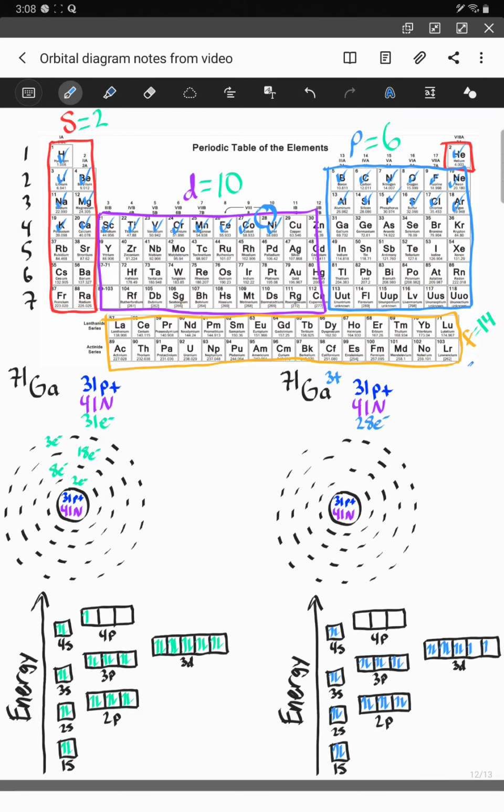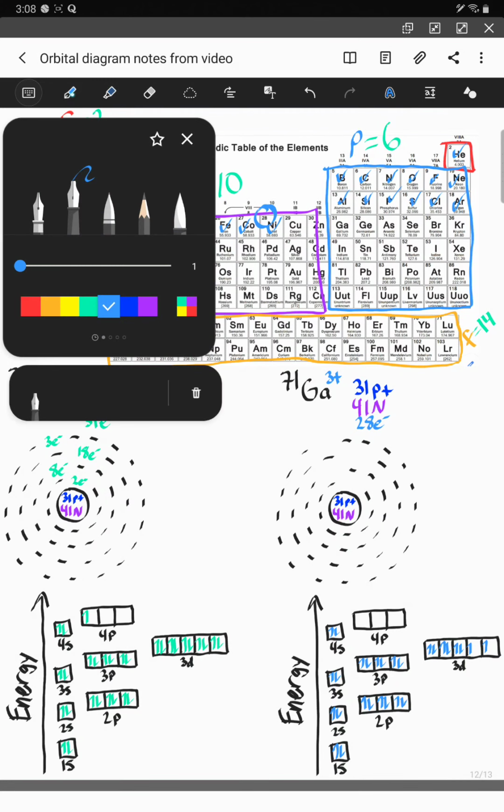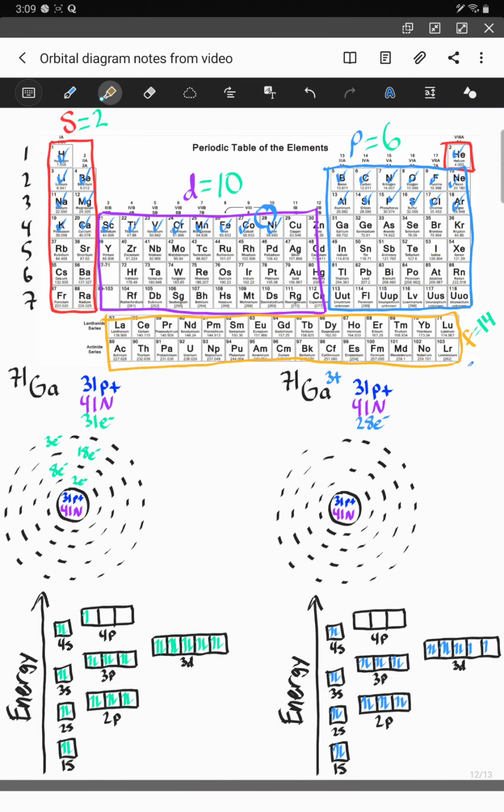So the Bohr model, let's pull out our highlighter again and start highlighting away. On the first energy level, it's going to correspond to this right here, and we have 2 electrons there. So this first energy level will have 2 electrons.